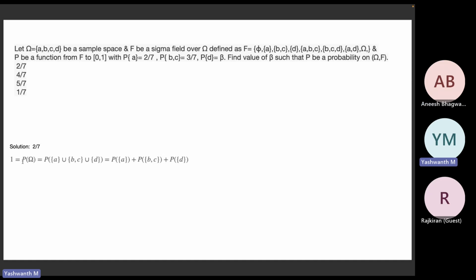P of the sample space, the entire probability, is 1, and that is nothing but the union of A, B, C, D. There is no intersection among these, so you can write it as the sum, and you just need 2 by 7 to make it 1. That's it. I hope this is clear. This is simple.